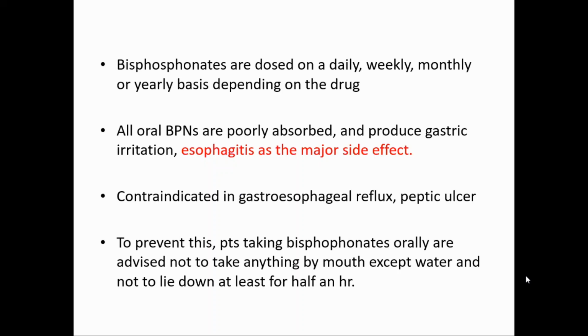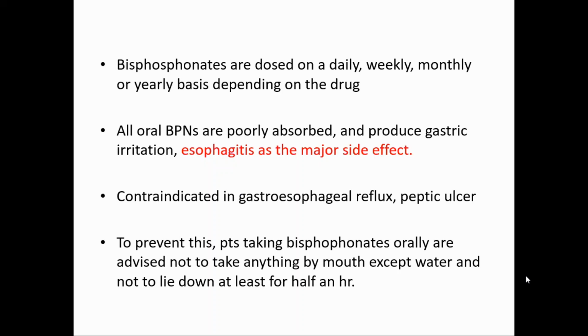The major drawback of these bisphosphonates, especially when given by the oral route, is that they are poorly absorbed and produce gastric irritation as a major adverse effect, causing esophagitis.